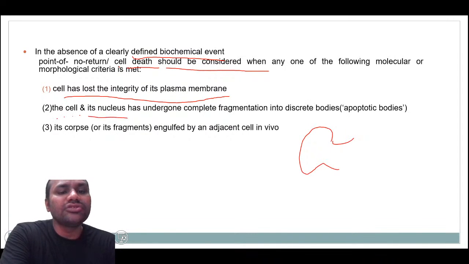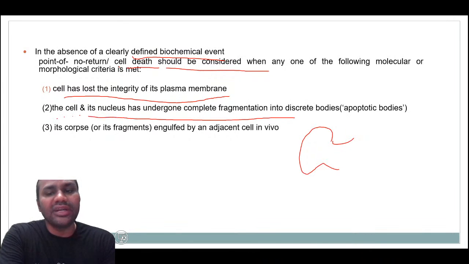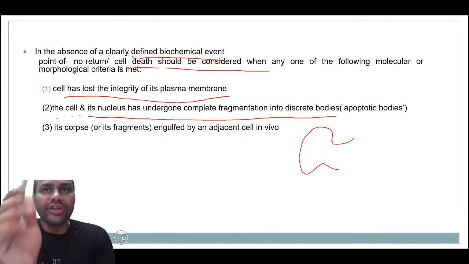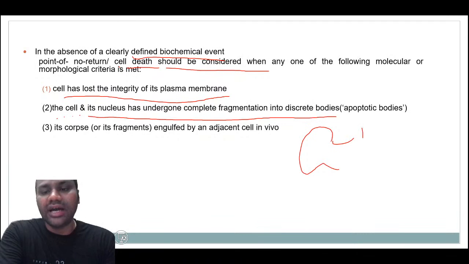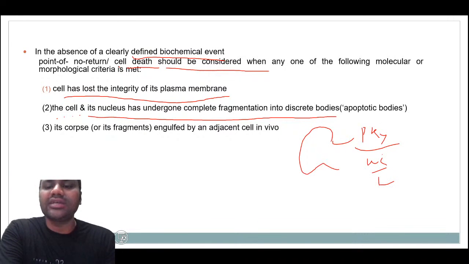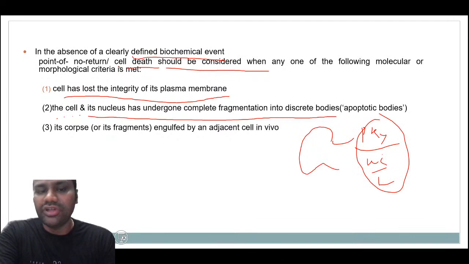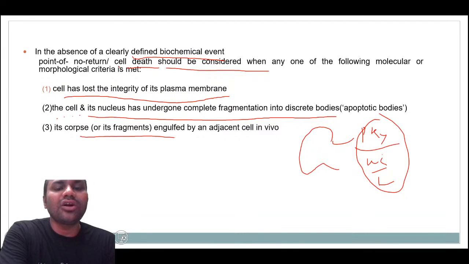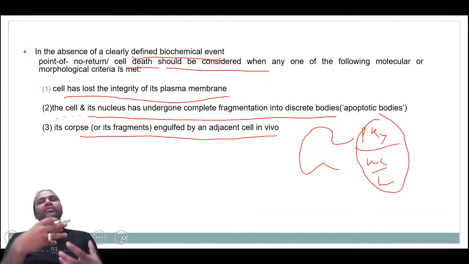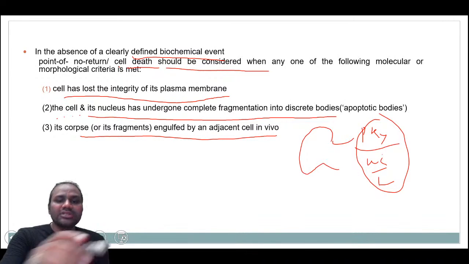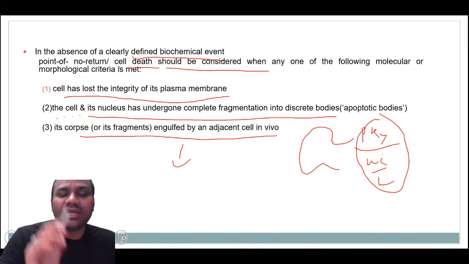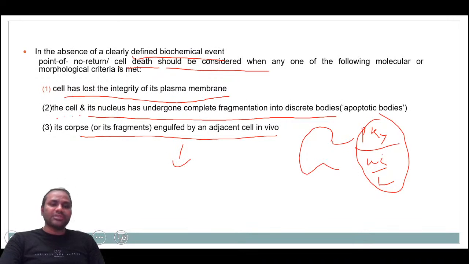The cell and its nucleus undergo complete fragmentation into discrete bodies, so the nucleus has undergone pyknosis, karyorrhexis or karyolysis. Then there is engulfment of the fragments, and we'll talk about this also, and a form of death, that is autophagy.